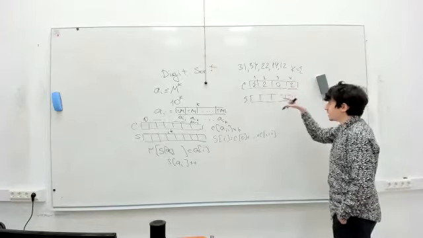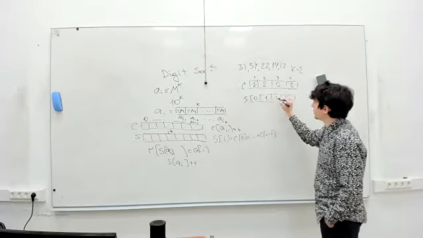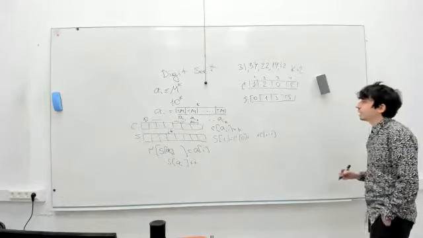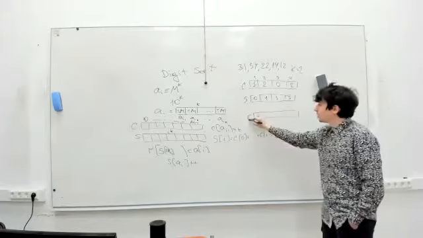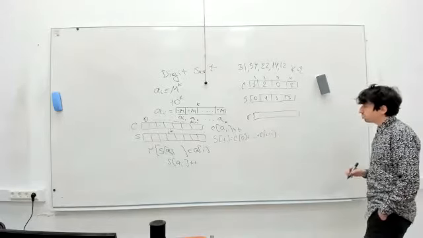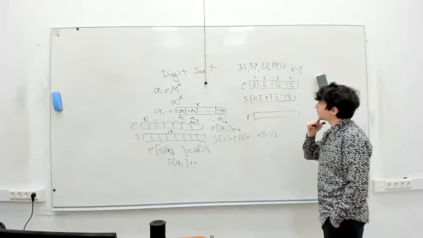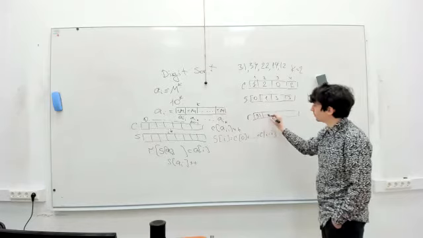Then I calculate the prefix sum, so 0, 1, 3, 3. And then I fill the result array R. I take 31, the first position is 0, so I put 31 here.